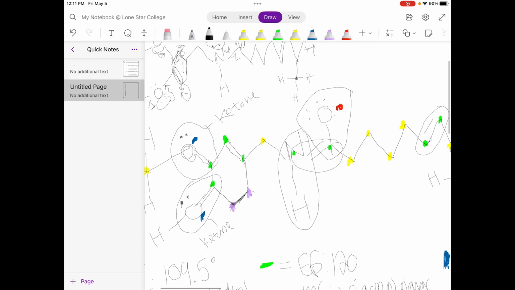And C single bond O, now that I'm looking at it, there is absolutely nothing. There was before.